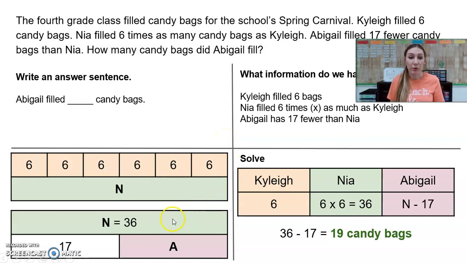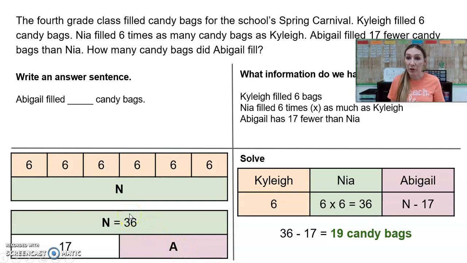For Abigail, I'm going to draw a second strip diagram. I do have a total, right? I know that Nia has 36 bags of candy. And I also know that Abigail has 17 less than Nia. So I know that 17 plus something is going to give me 36.